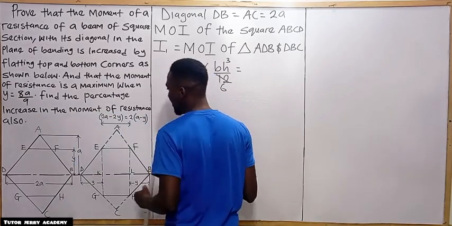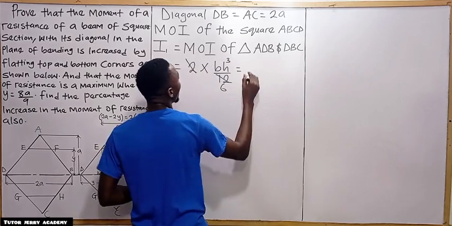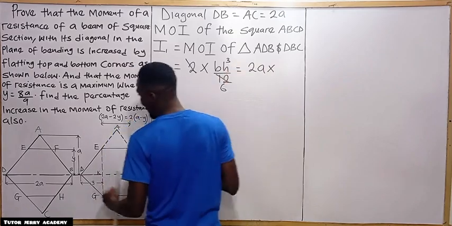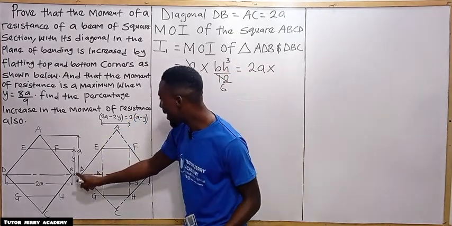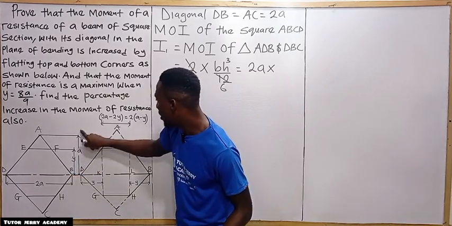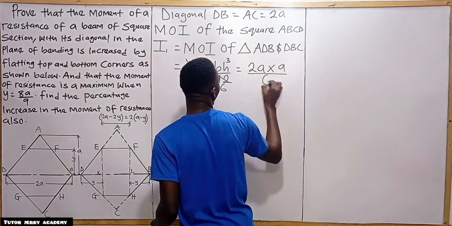The base of this triangle is 2A, so we have 2A multiplied by the height, which is A, all over 6, and the height is cubed.